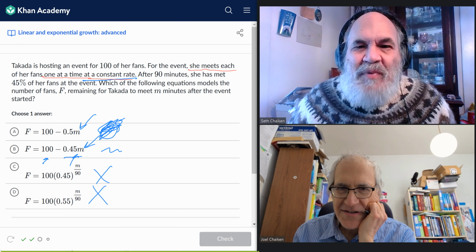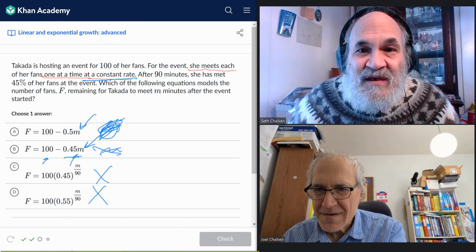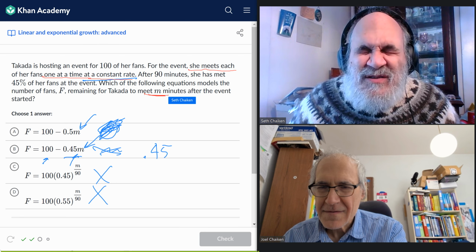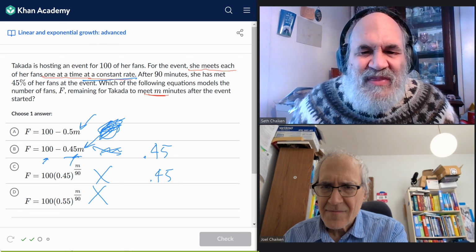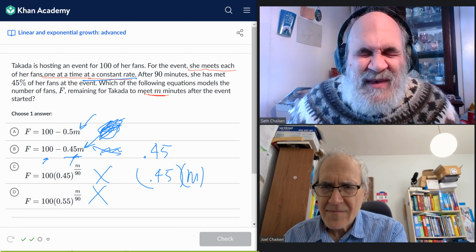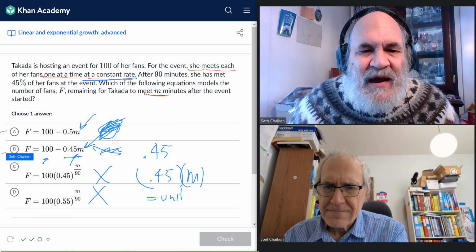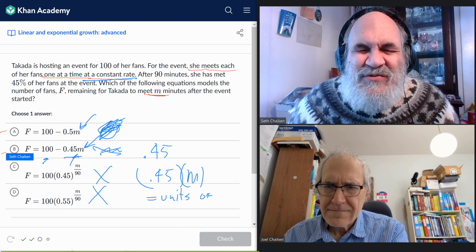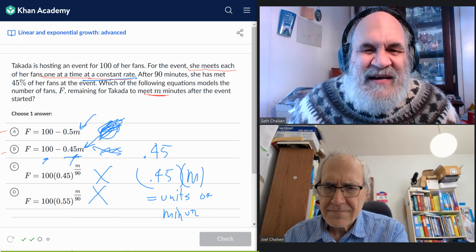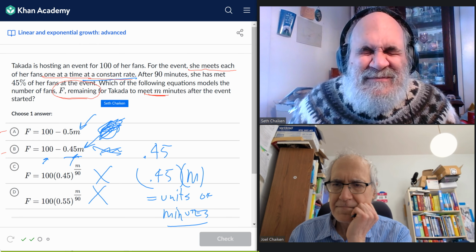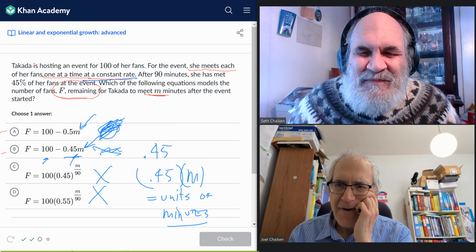After 90 minutes... But the issue is, the situation is after... So M is the number of minutes after the event begins. And so the choice is the two formulas here. Now, F is supposed to represent which of the following models the number of fans remaining. Well, initially there are 100 fans.